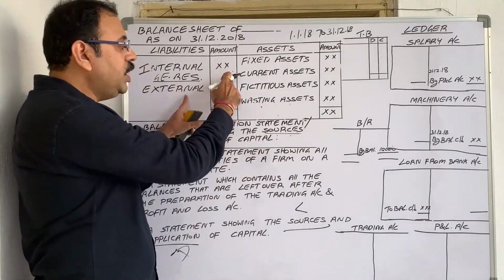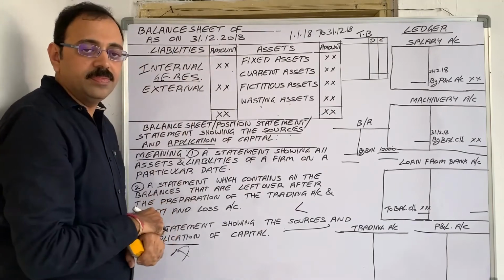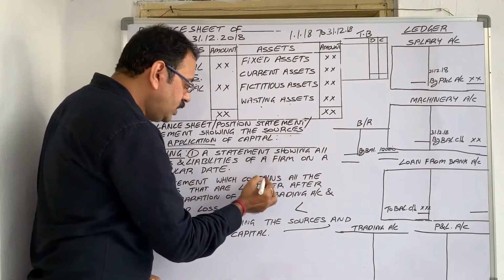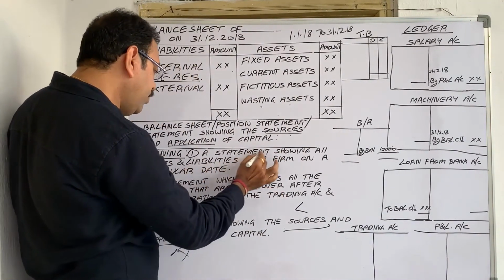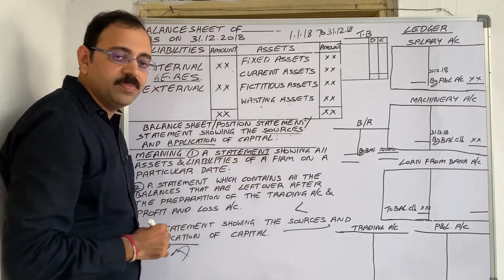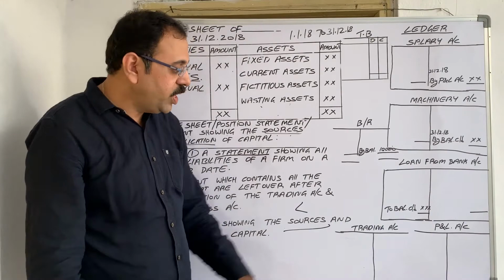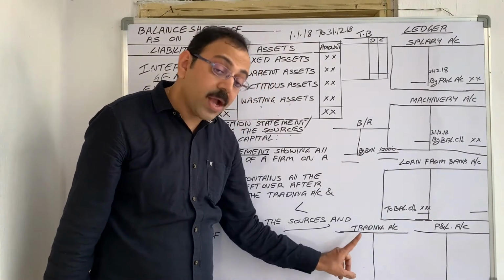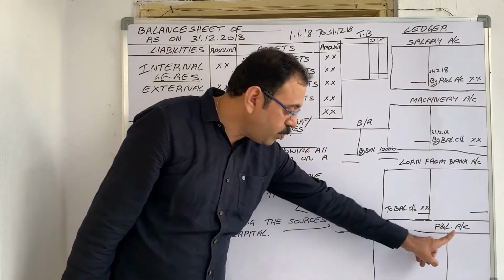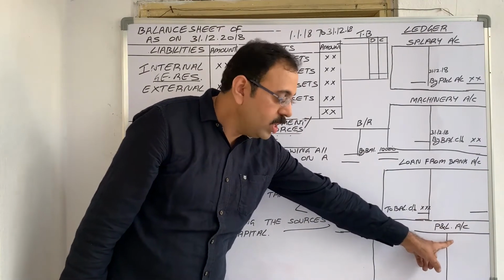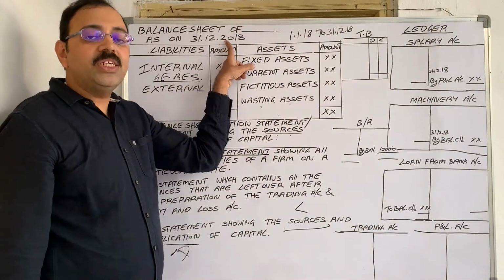Balance sheet is a statement. First of all, this word statement, we will concentrate on this. In final accounts, we prepare three things now. First one is trading account. Second one is profit and loss account. Third one is balance sheet.